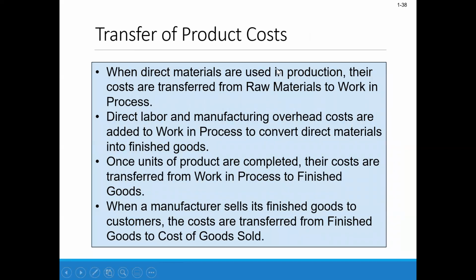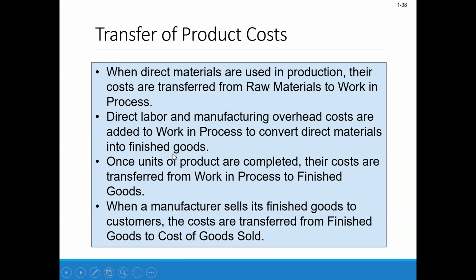When direct materials are used in production, their costs are transferred from raw materials to work in process. Direct labor and manufacturing overhead costs are also added to work in process to convert direct materials into finished goods.